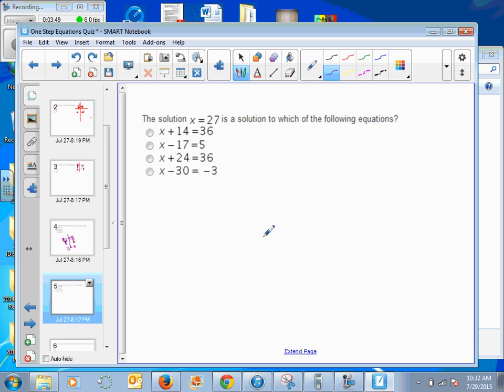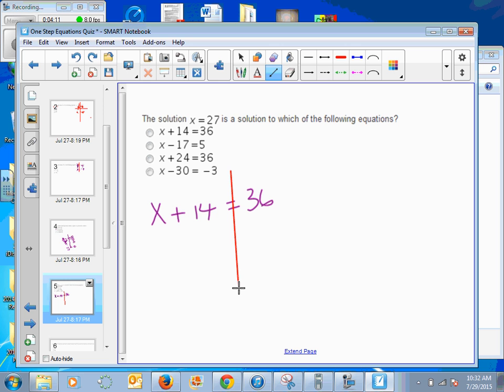Okay, the solution x equals 27 is a solution to which of the following equations? All right, let's just take this first one. X plus 14 equals 36. This is not going to be the right answer, but I want to show you how we're going to know. Put that line back through the equal sign so we know what we do to one side, we do to the other.